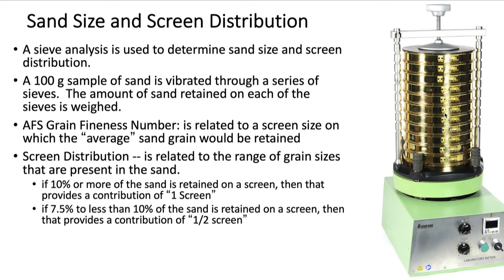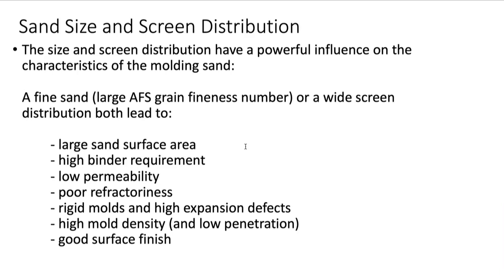If it falls between 10 and 7.5, we count it as a 1/2. So if you had 3.5 screens, you have 3 screens that are over 10%, and then 1 screen that was between 7.5 and 10% on the distribution. So typically a 3-screen sand, something like that, would be something you want. Maybe a 4-screen, but typically 3 screens is what your distribution is, maybe 3.5.